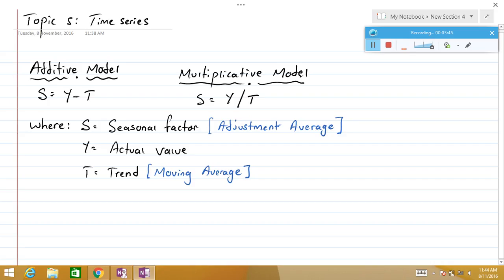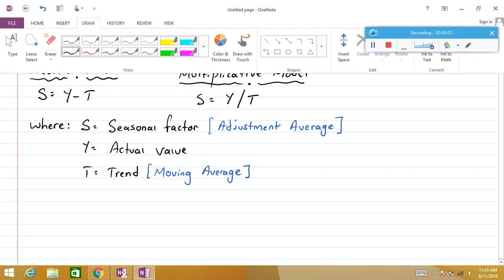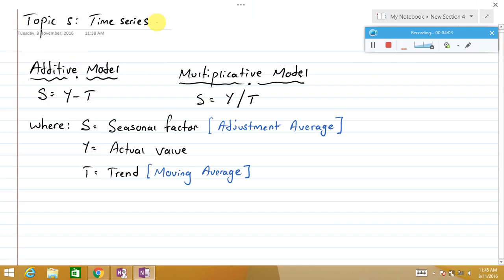The trend is found using the moving average. Now what is meant by time series? In every chapter I have explained the uses. What is the use of this chapter? Any idea?